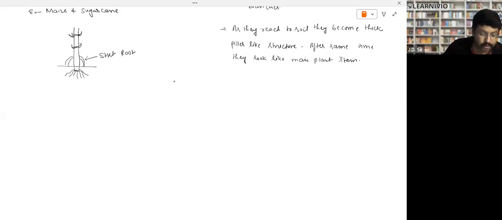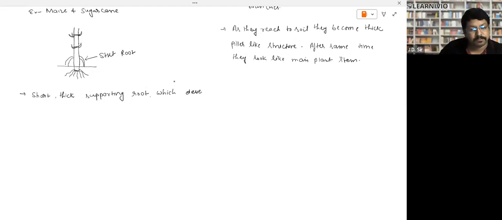They are short, thick, supporting roots which develop obliquely from the basal node.